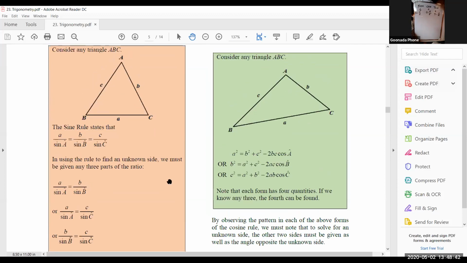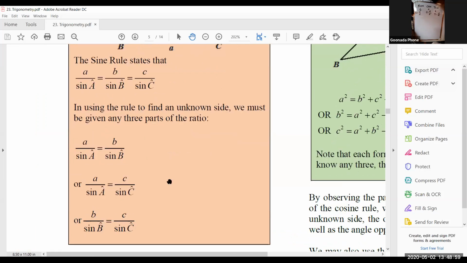The sine rule. A over sine A is equal to B over sine B is equal to C over sine C. Everybody good? Just remember A, B, C on the top and sine A, sine B, sine C on the bottom. Right? It's a very easy way to remember.